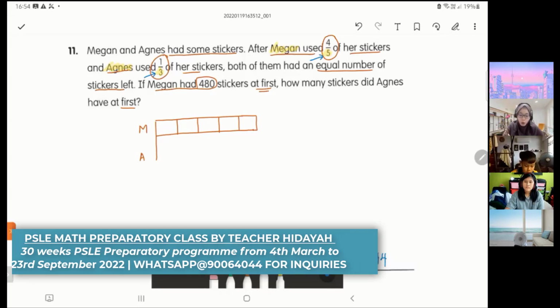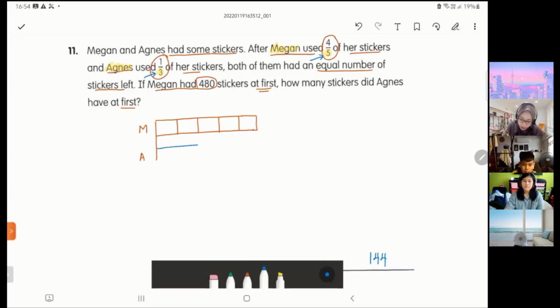So I cannot draw Agnes like this, 3 parts exactly the same size as Megan. I cannot do that, right? So what I have to do is look at their leftover. Both of them had an equal number of stickers left.